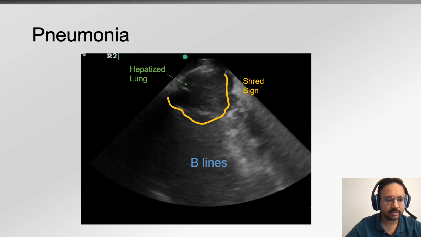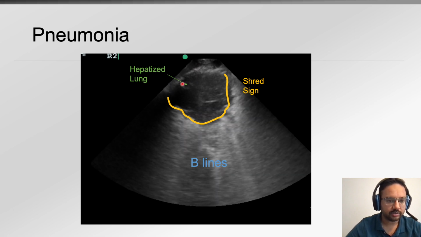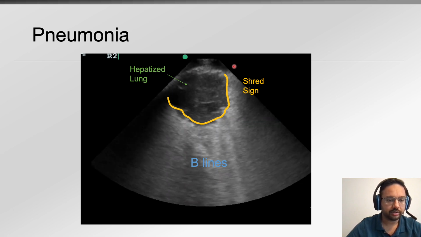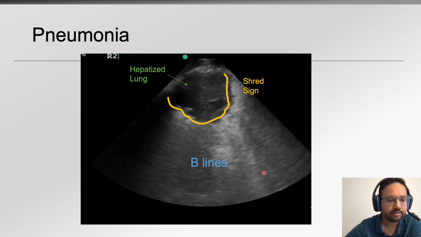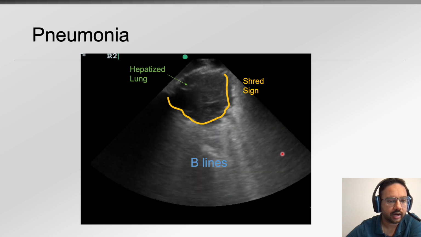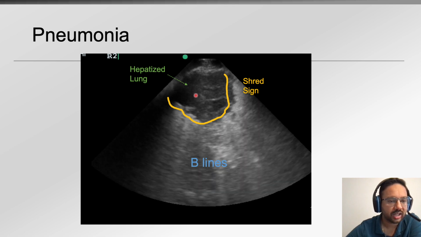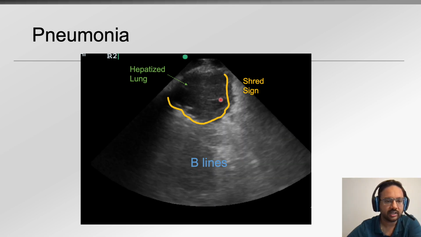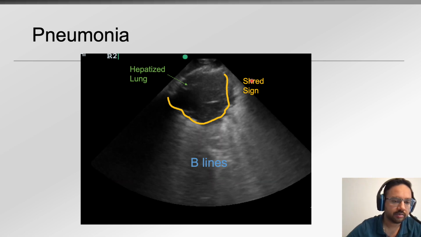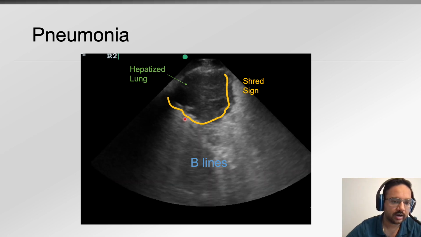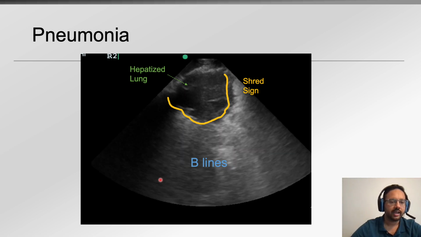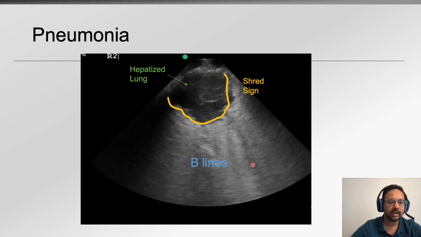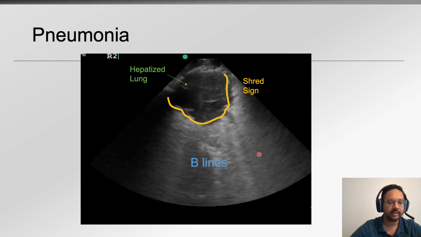Moving on to our next picture, here again in this top portion of the screen, you see tissue that looks very different from the rest of the lung architecture, and it looks like a liver-like consistency. You see the shred sign, which is basically these irregular margins that are formed around the area of consolidation. And then just below this, you see a ton of confluent B lines.